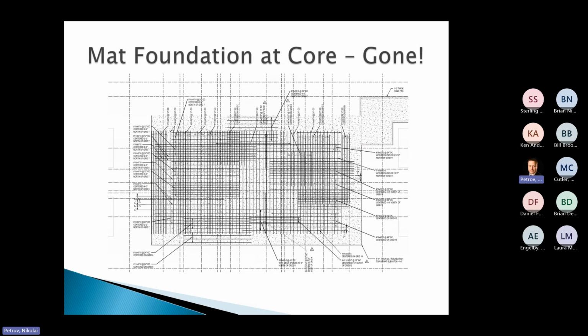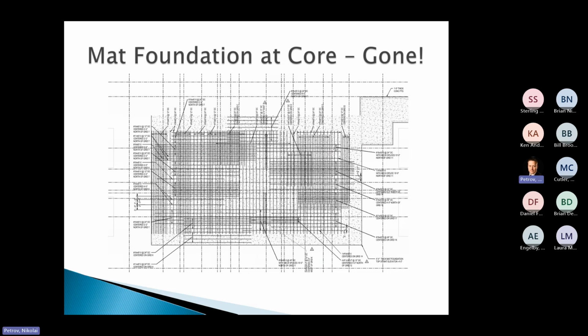This is just the plan for the extent and reinforcing of the mat slab at the center of the building, supporting that core with all those brace frames. It's absolutely humongous. It took an entire day for them to place it with concrete trucks, just one after the other, showing up and dumping mud.